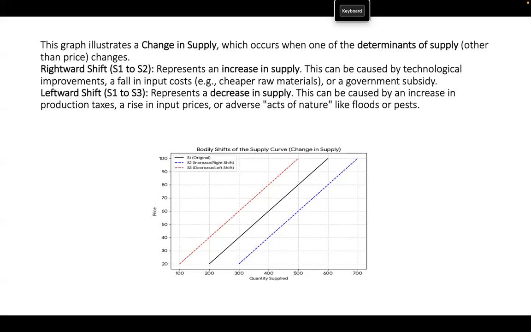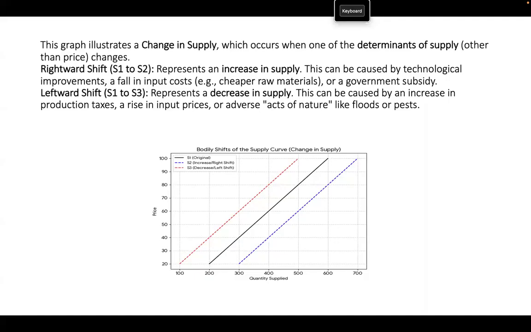Yes, Emmanuel. I've sent it in the chat box. If consumers' income increases but price stays the same, why does demand shift instead of moving along the demand curve?